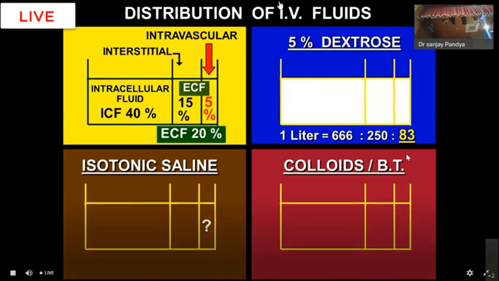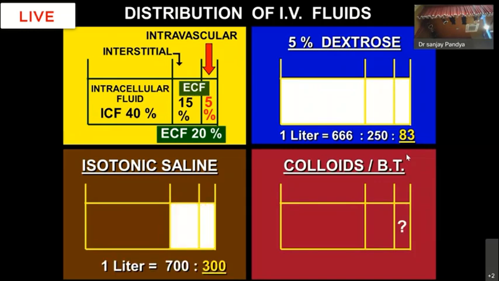So when 5% dextrose is given, it's ineffective because its ability to expand the intravascular compartment is only 83 ml. This fluid is distributed in all compartments equally. Against that, isotonic saline, Ringer's lactate, and balanced fluids are preferred because they are sodium-rich fluids.